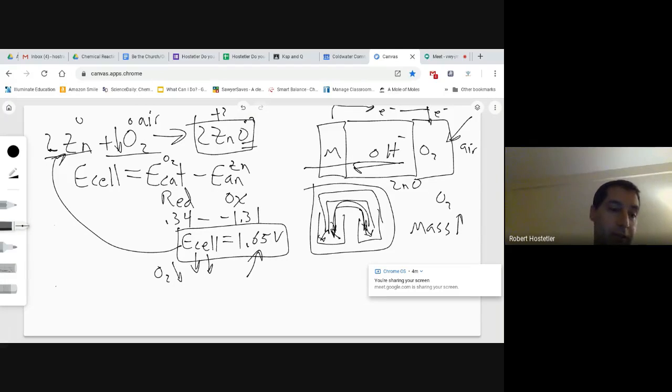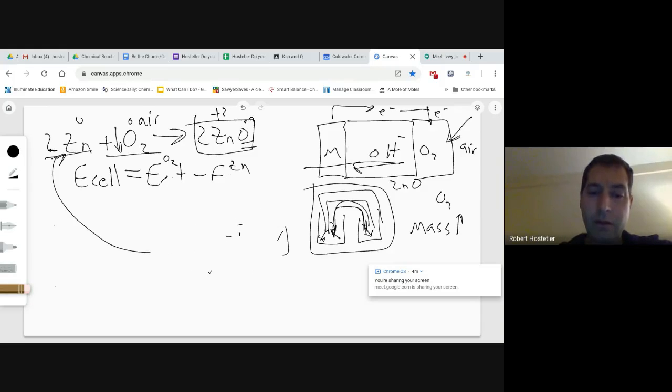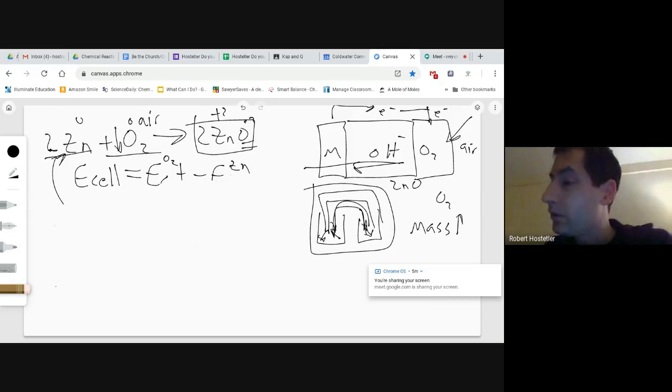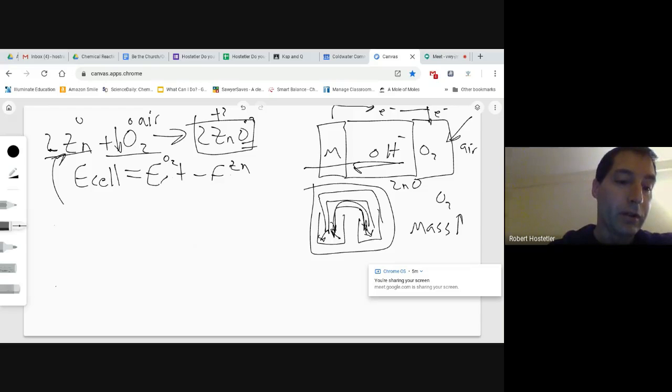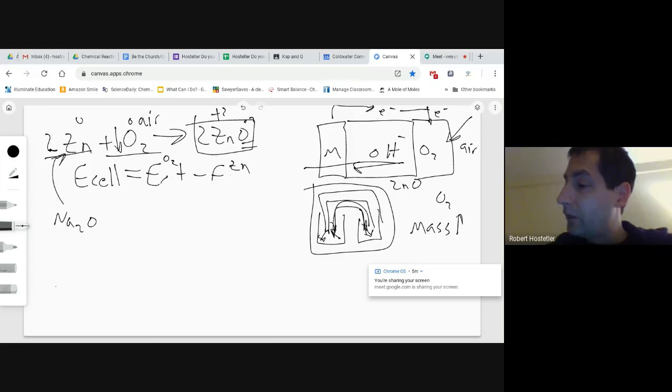In part D, they ask about two different possibilities for electrodes, sodium and calcium, and they want to know which one's going to transfer more electrons. Well, if you look at them in your reduction potential list, we have Na2O, and then we also have CaO.